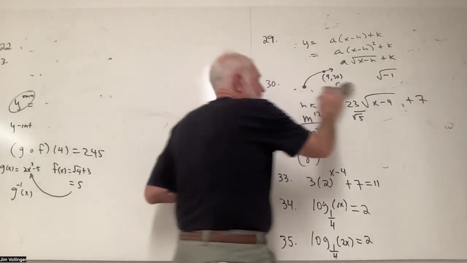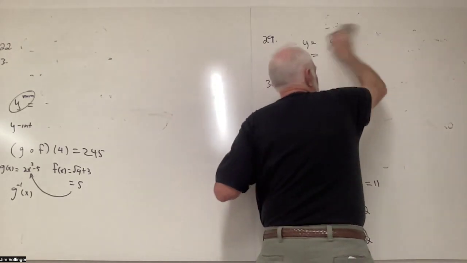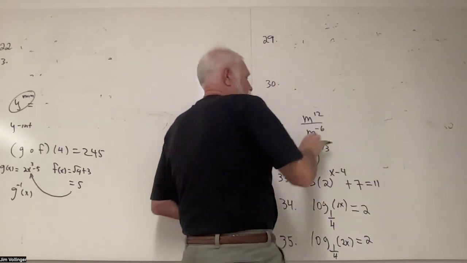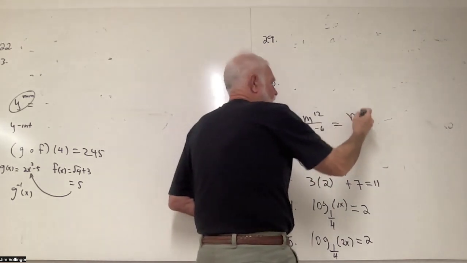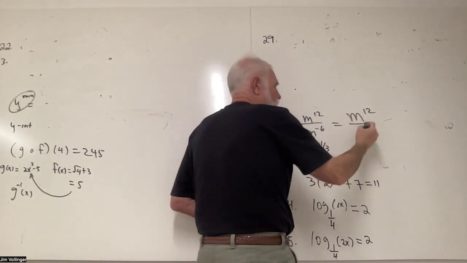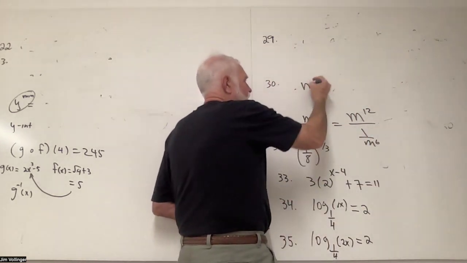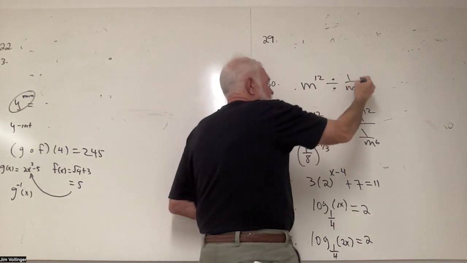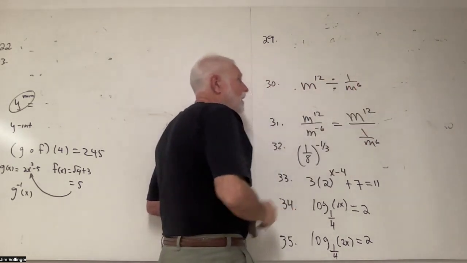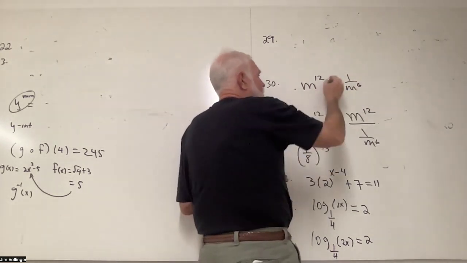All right. I don't think I've talked a lot about simplification of negative exponents. So what is m to the minus 6? M to the minus 6 is really m to the 12 divided by 1 over m to the 6th. When you divide by a fraction, you multiply by the reciprocal.